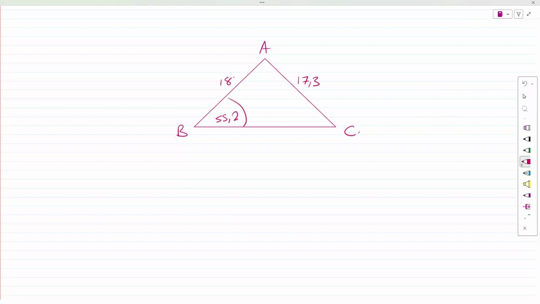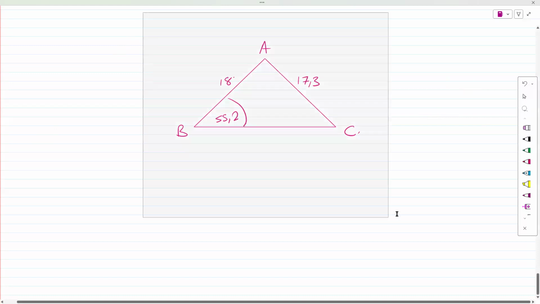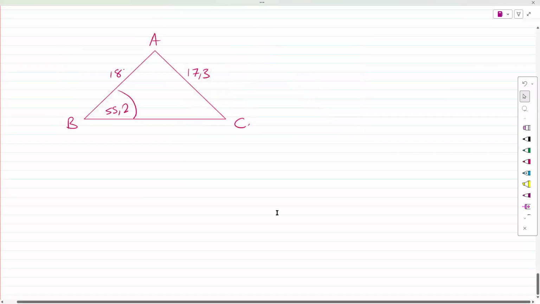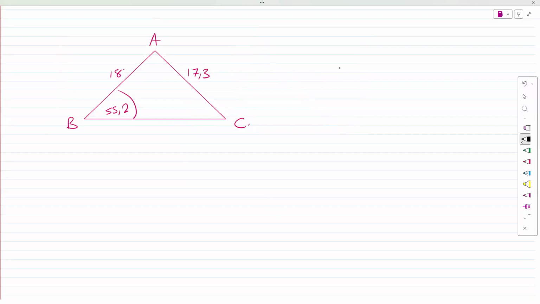And if I told you to calculate the area, this would be virtually impossible. You cannot do it directly. But you would have to use the rules to try, because you need two sides and an included angle. If I got this angle here, I win. I could do the area. But I don't have that angle.